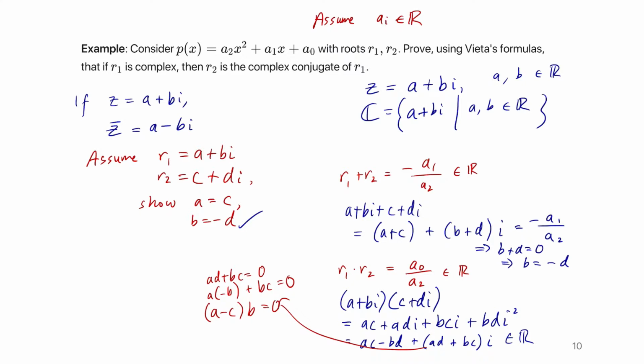And we know B is not 0 because otherwise, I guess they'd still be complex, but they would be purely real as well, so we wouldn't do this whole exercise. We're assuming that R1 is complex only because if B was 0, R1 would just be A, which is just a real number. So we can safely divide by B, giving us A is equal to C.